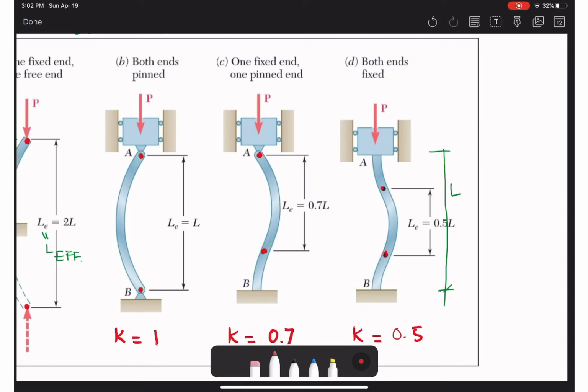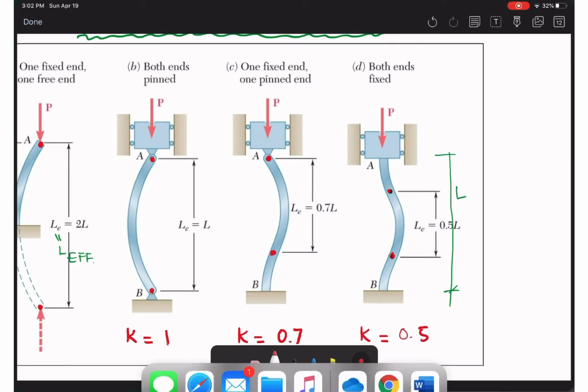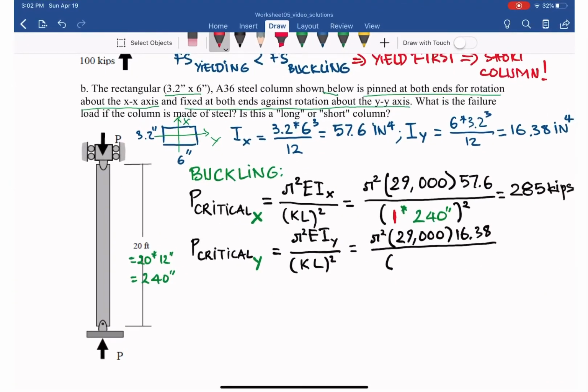So we go back to the equation with 0.5 times the length, 240 inches, squared, and that load is equal to 325 kips.